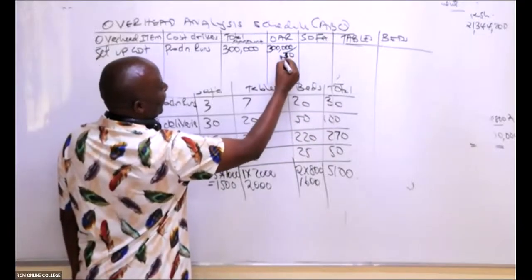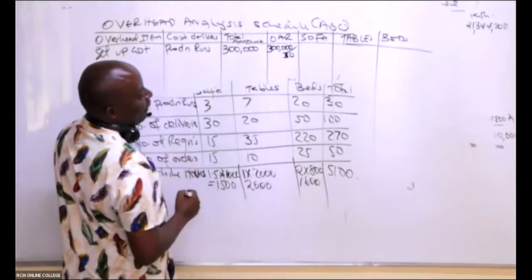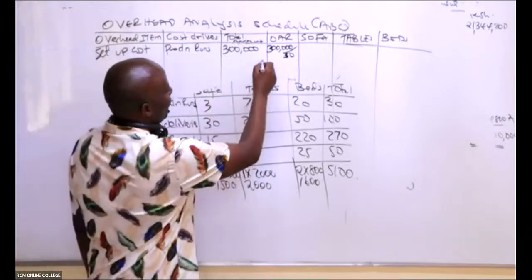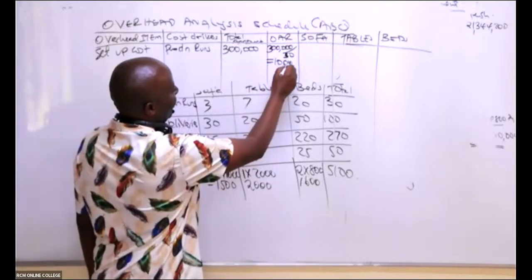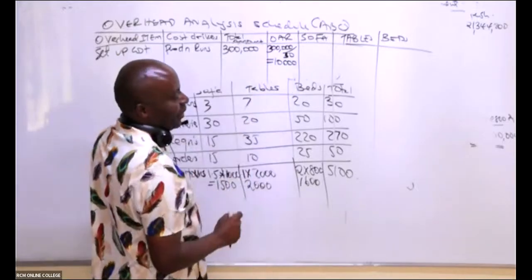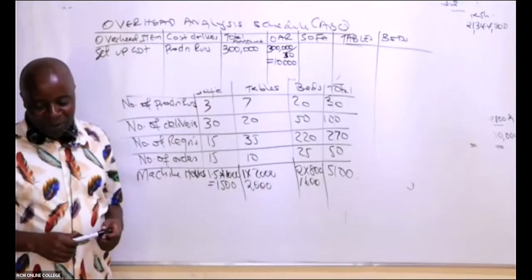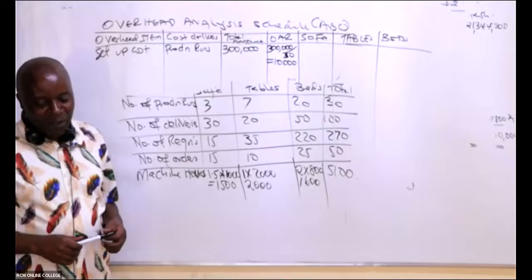Divided by 30. I'm being given a figure of 10,000 here. So now this is 10,000 per run.